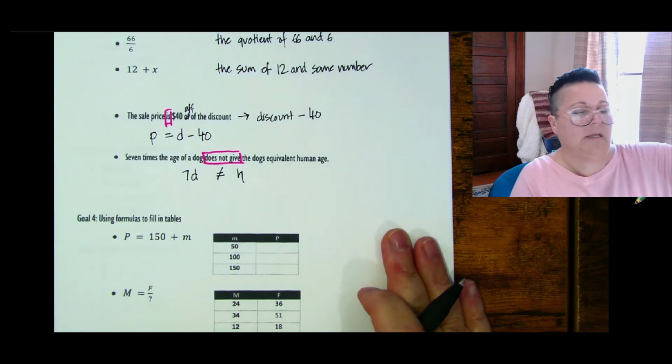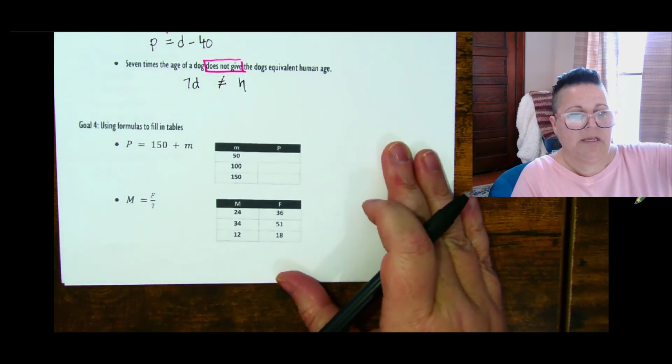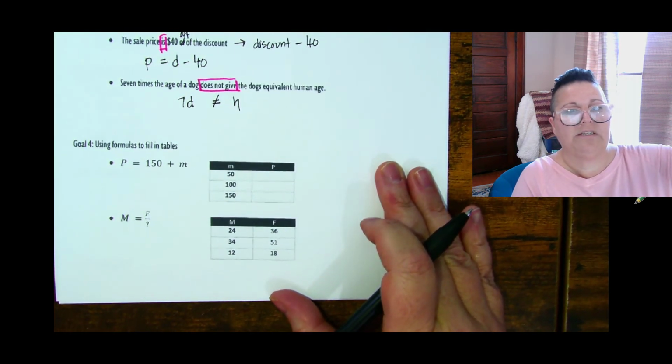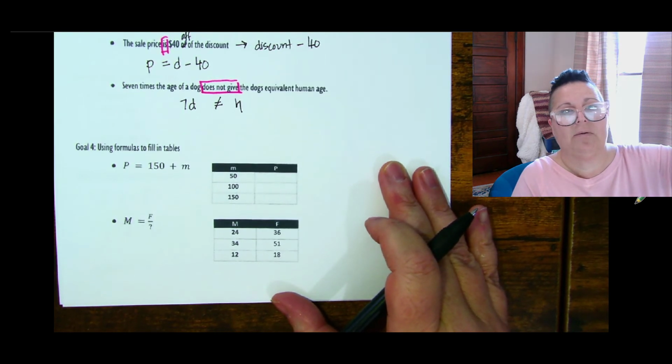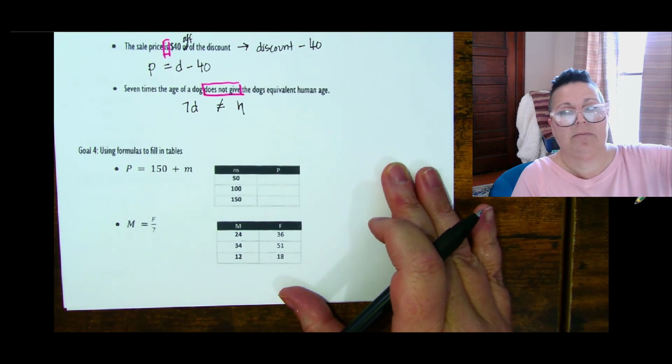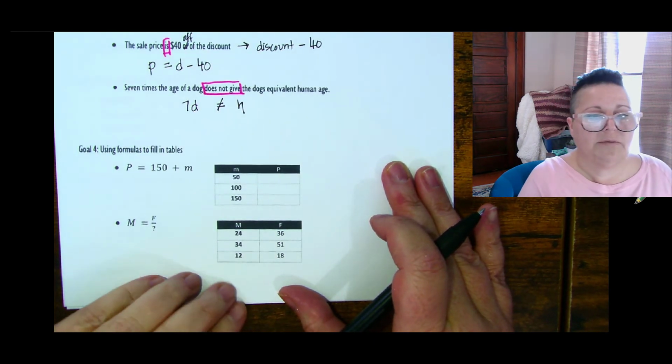The fourth goal in this particular section is that you are able to use the formula to fill in tables, and likewise, you're able to use a filled-in table to discover a formula.